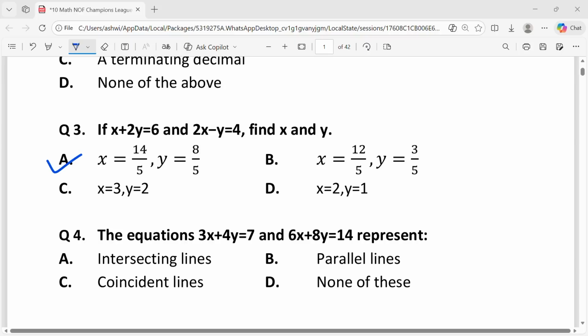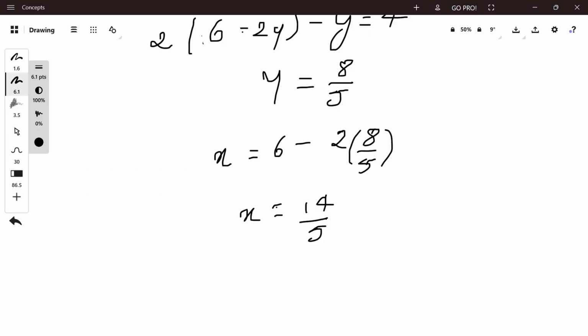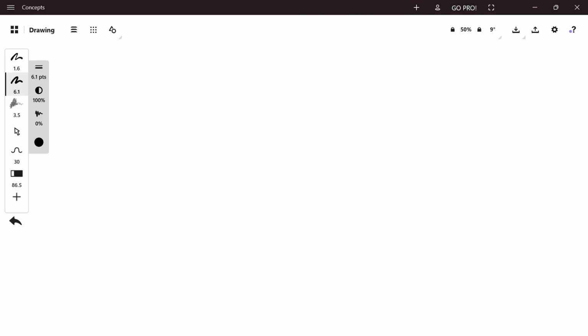Question 4. The equations 3x plus 4y is equal to 7 and 6x plus 8y is equal to 14 represent what? To determine the nature of these lines, compare the ratios of the coefficients, that is a1 upon a2, b1 upon b2 and c1 upon c2.